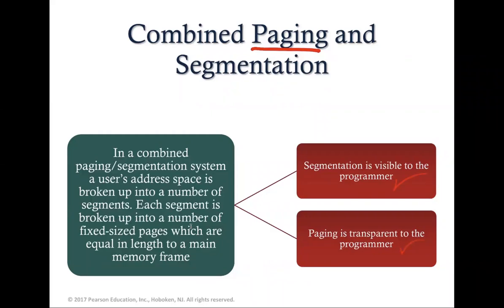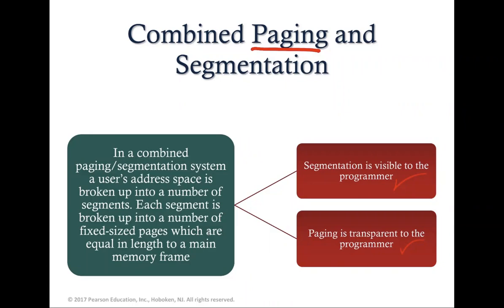Segmentation has the strengths listed earlier, including the ability to handle growing data structures, modularity, and support for sharing and protection. To combine the advantages of both paging and segmentation, some systems are equipped with processor hardware and even operating system software to provide both.